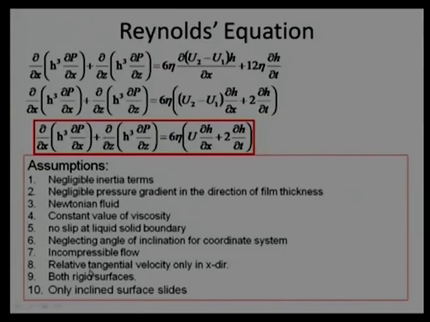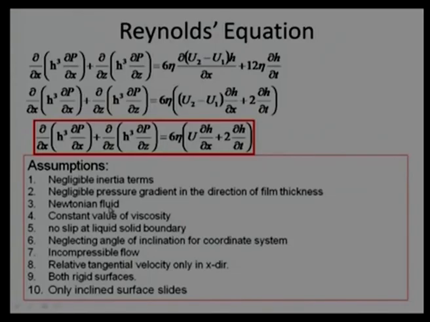we have made a number of assumptions. We assume there is a negligible inertia term, which may not be valid, particularly at high velocities. Inertia term will not be negligible. Then we assume the film thickness direction pressure gradient is negligible. That happens only when there is a very small film thickness, infinitely small thickness.